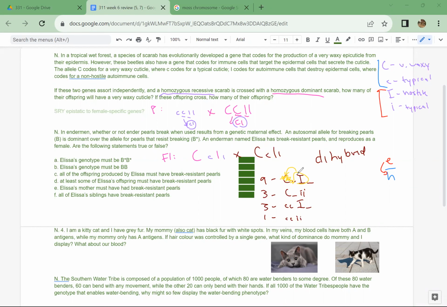And so these 9 individuals, we know, have hostile autoimmune cells, and therefore they produce no cuticle. I'll just abbreviate that to be none cuticle.